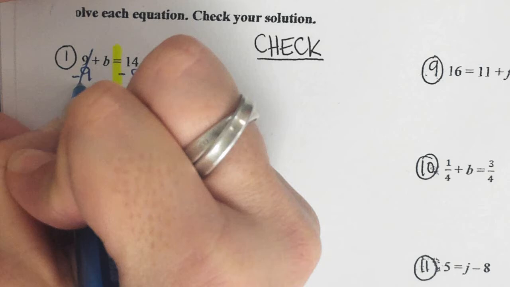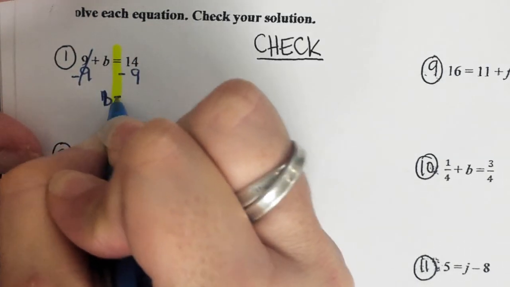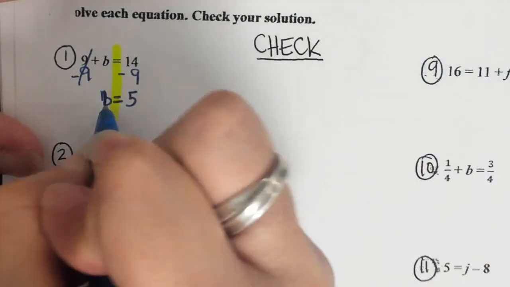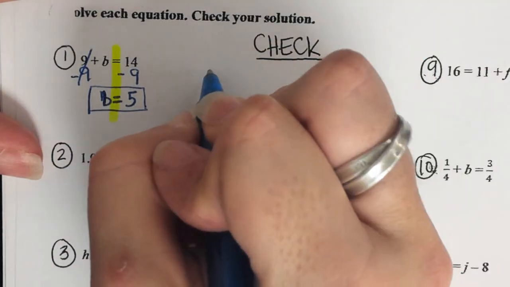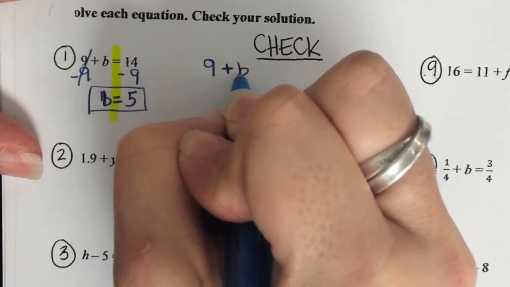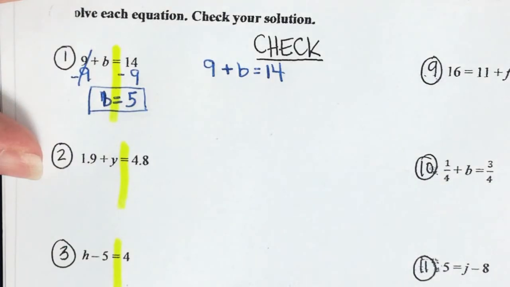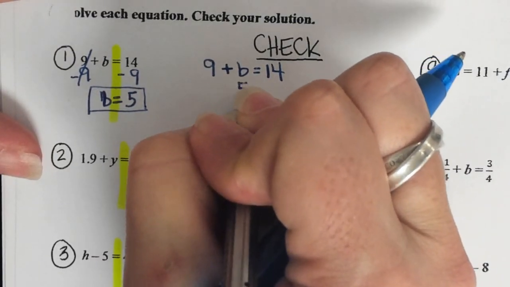Crossing out the ones that match, leaving me with B equaling 5. Then, over here, she's even got the word check. Copy the problem. Whatever you said B was, it was 5.